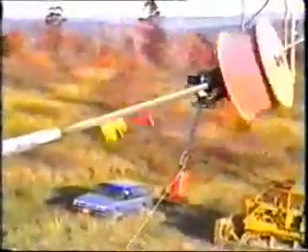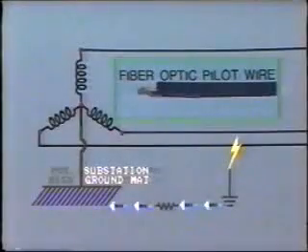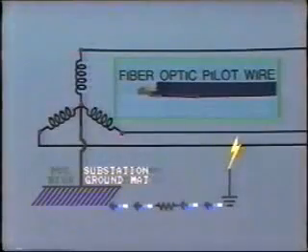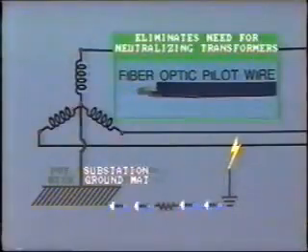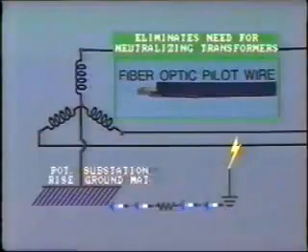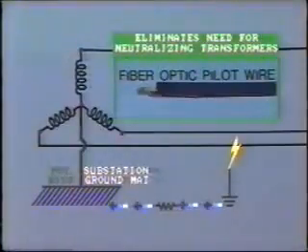The insulating properties of the fiber cable provide a great advantage as it protects the signal from lightning, radio interference, and induction. It also protects the signal from ground potential rise at the substation. This eliminates the need for neutralizing transformers and other terminal equipment that we discussed earlier in this tape.